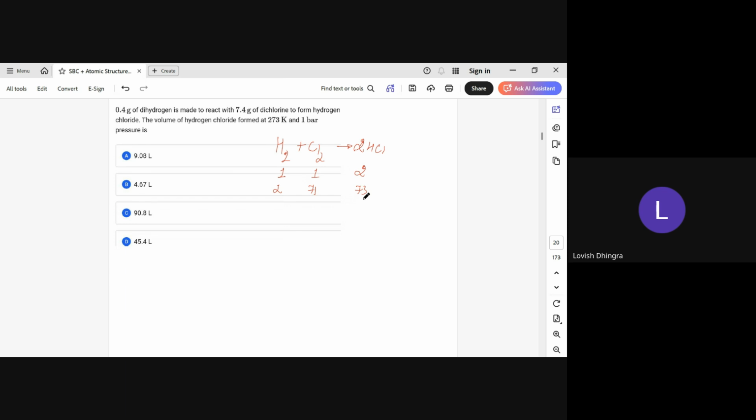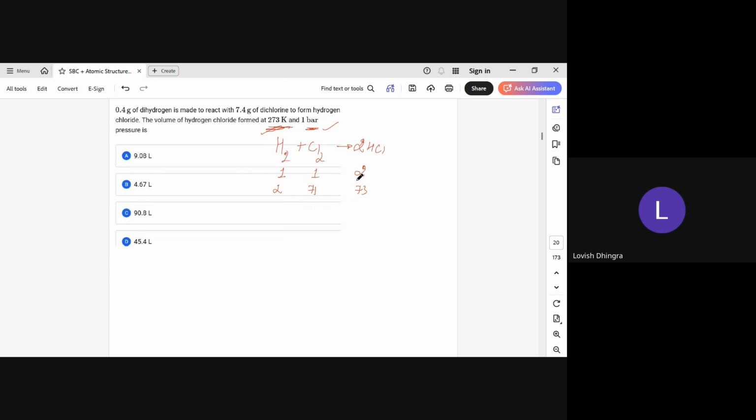Okay, so how will you solve this one? They are asking you the volume of HCl that is formed at 273 Kelvin and 1 bar pressure. Pressure is given to you and temperature is given to you. So what condition is this? Standard pressure and standard temperature. So that is STP, right?